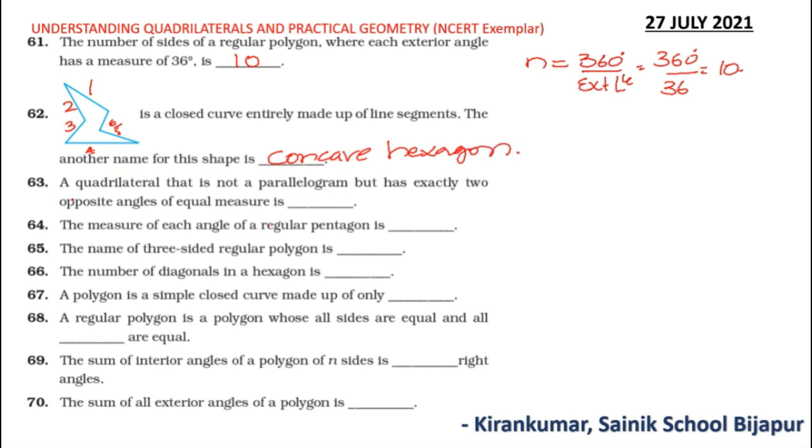Question 63. A quadrilateral that is not a parallelogram but has exactly 2 opposite angles of equal measures is. They have given the quadrilateral is not a parallelogram but has exactly 2 opposite angles of equal measure. Quadrilateral will be a kite.